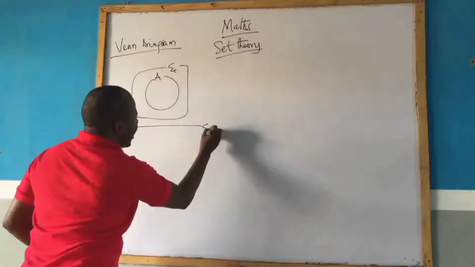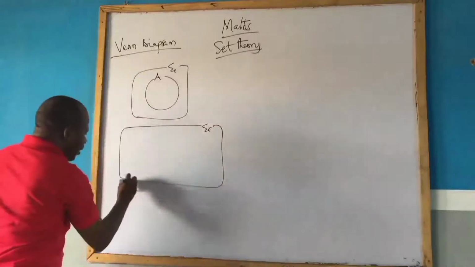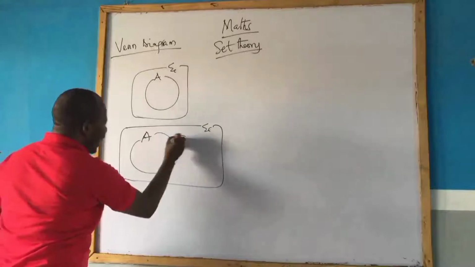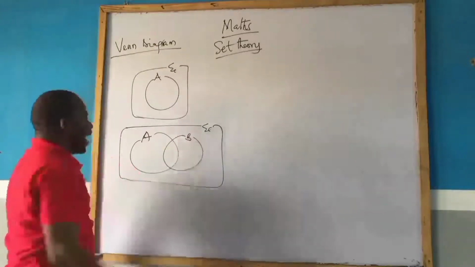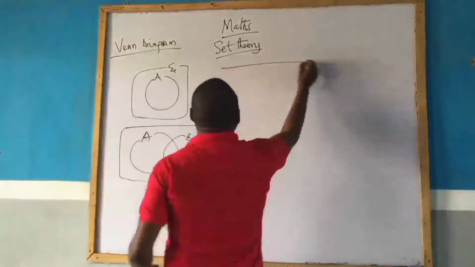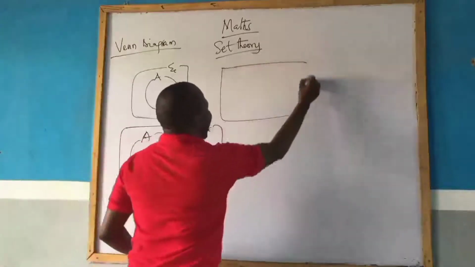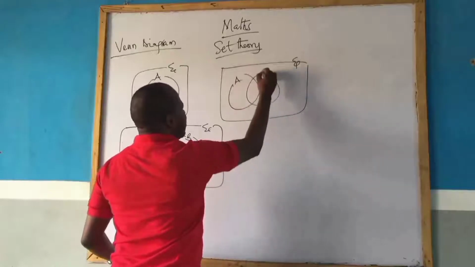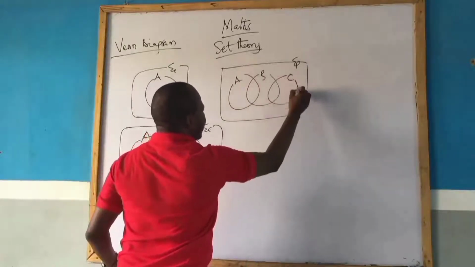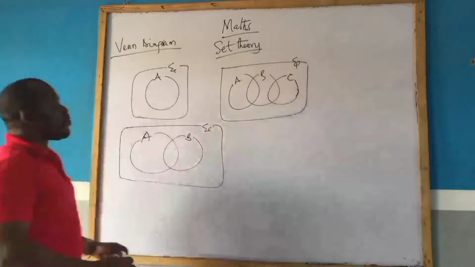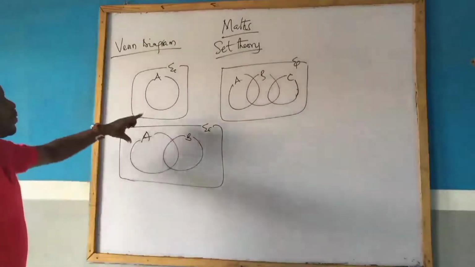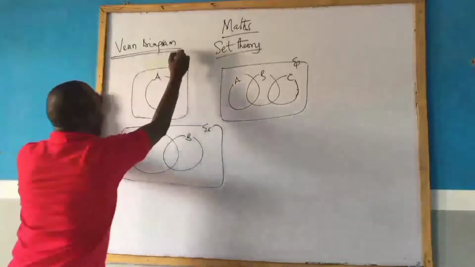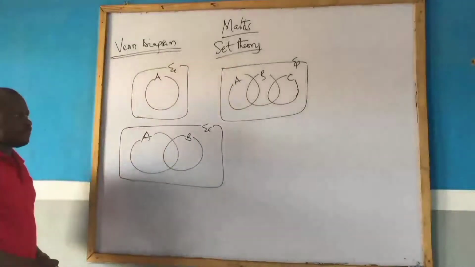I can have a case where I have a set having 2 subsets, say A and B. And I can have a case where I have a set having 3 subsets, for instance A, B, and then C. So anytime you present information of sets in a diagram form like this, we call it a Venn diagram.